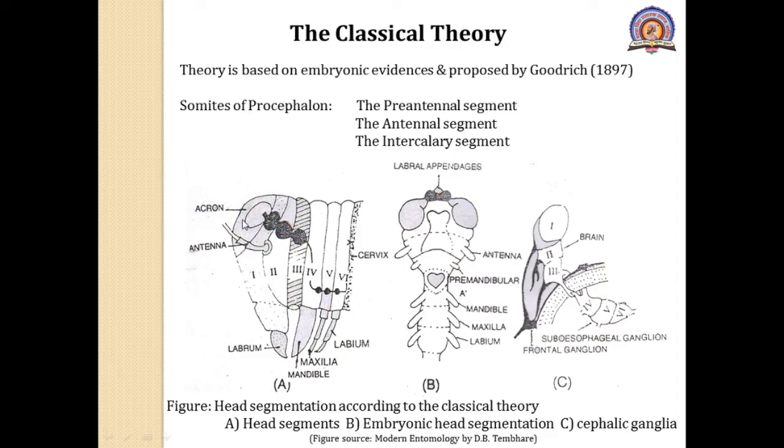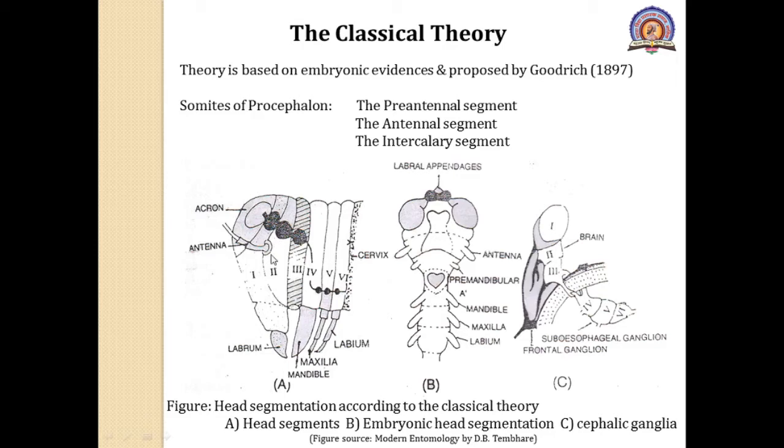These somites or metameres of the procephalon are commonly called the preantennal. Here preantennal means that this segment lies before the antennae, hence it is referred to as the preantennal segment.